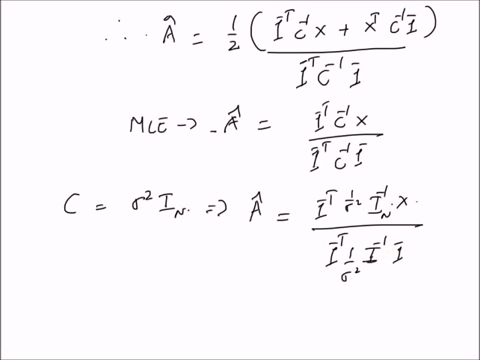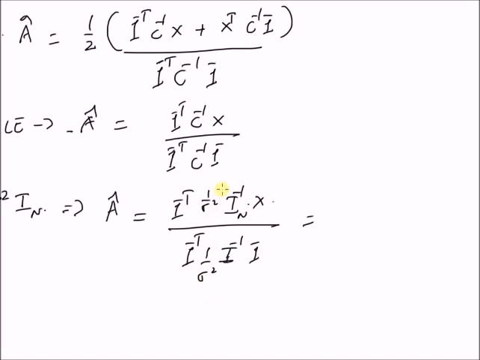Clearly, the sigma squares cancel each other, and we have 1 bar transpose multiplied by x, which is the sum of all the values in the vector x, that is summation n equal to 0 to n minus 1 of x of n.